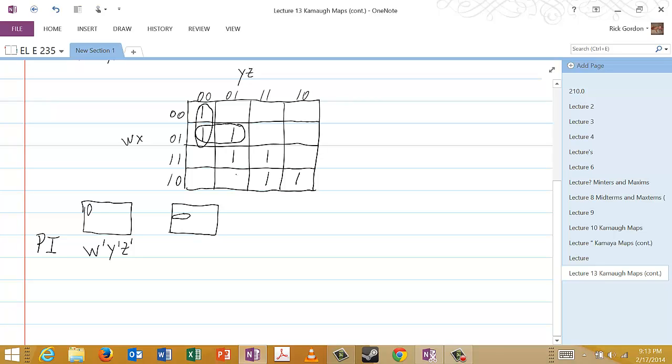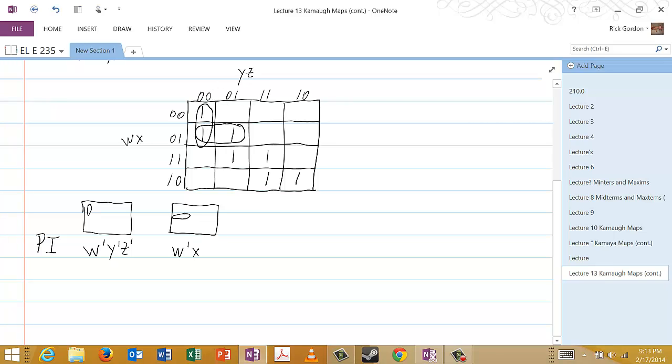So for this prime implicant, since this is a horizontal grouping, W and X are both constant. W is constant equal to 0, X is constant equal to 1, so we have W prime X as part of the name. And now we ask ourselves, what about Y and Z?